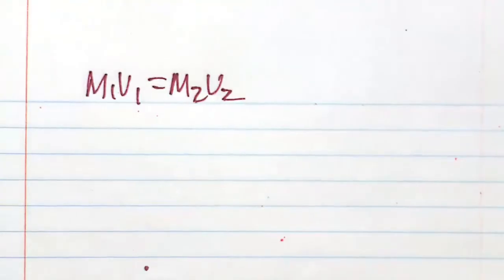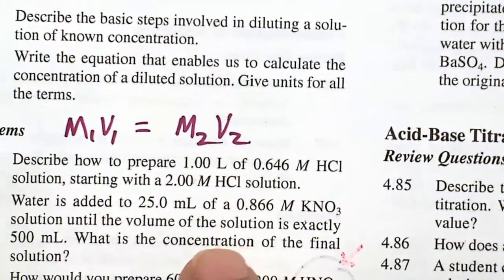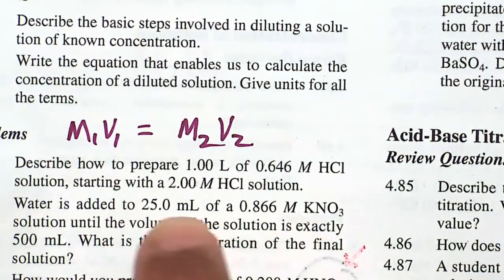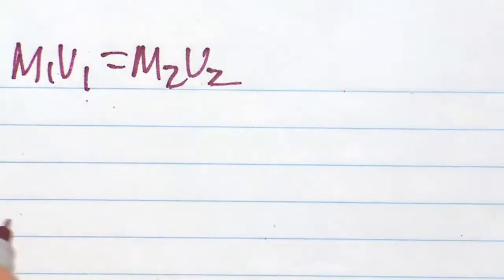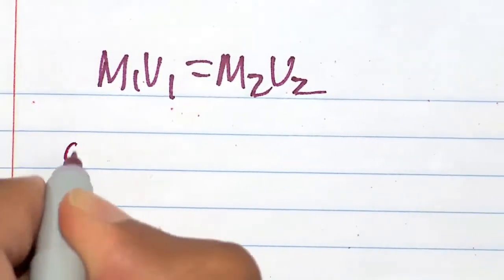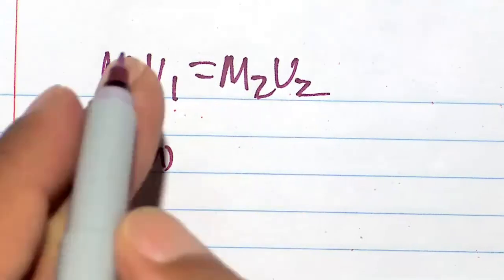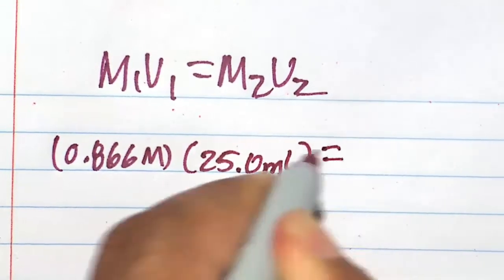All right, as stated before, M1V1 is equal to M2V2. So we have 25 milliliters of our stock solution, 0.866 molar. So we started out with 0.866 big M of potassium nitrate. We got 25 mL in there.